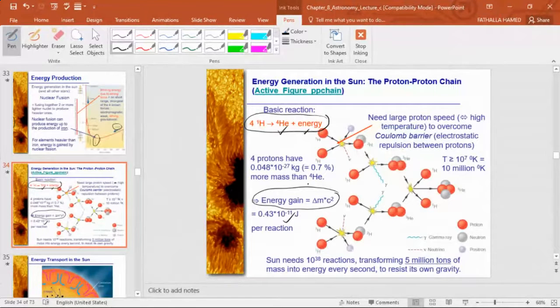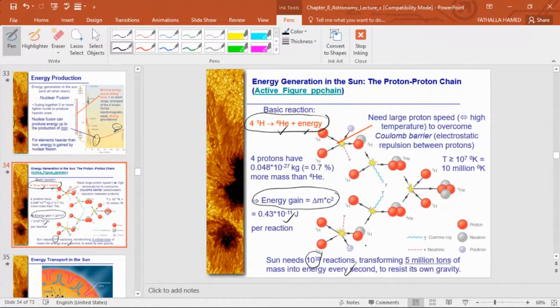But inside the sun, there are about 10 raised to the power 38 reactions, transforming about 5 million tons of mass into energy every second. That's to resist the gravity. Gravity will try to bring the sun in, and this energy that is produced is pushing out. So that's the basic idea.